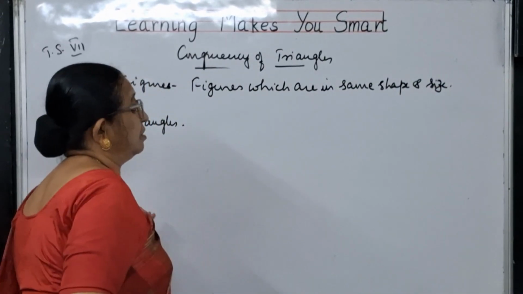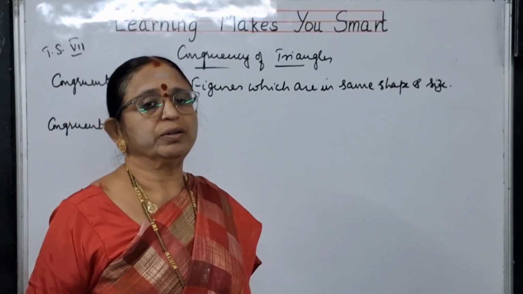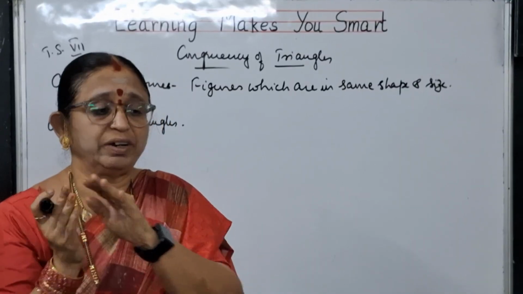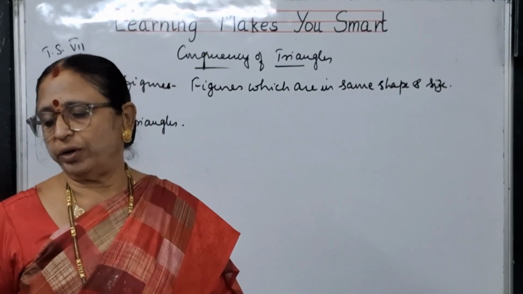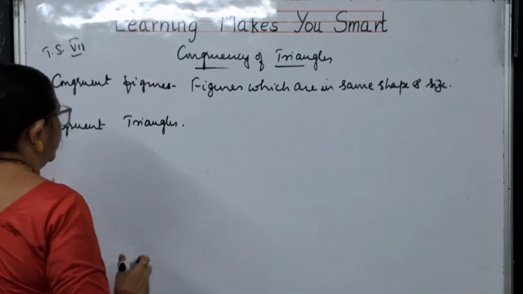So when their sizes are same, shapes are same, then they are called congruent. Means when they keep one upon the other, exactly they should coincide. All the edges should coincide with each other. Those are called as congruent figures.